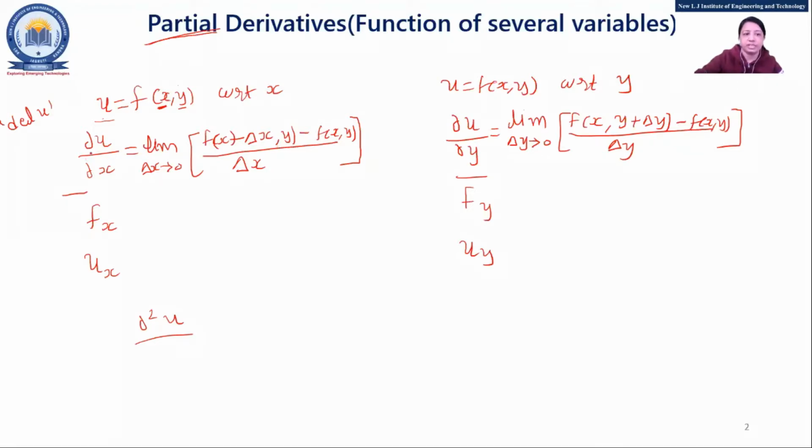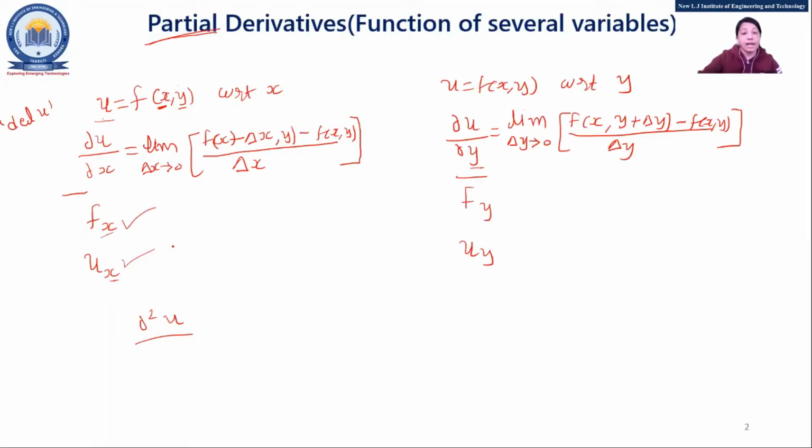You write del u by del x, or with respect to y, del u by del y. If you are doing it with respect to x, y is constant, and if with respect to y, x is constant. It can also be denoted by fx or ux, with the variable as a subscript. The name itself tells you.